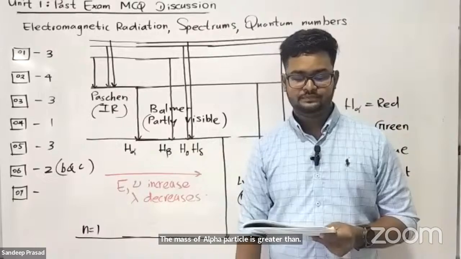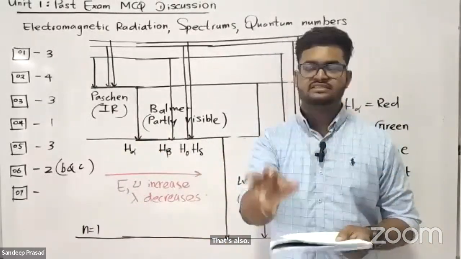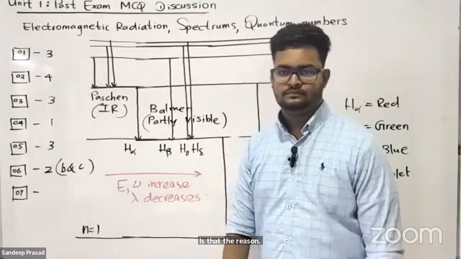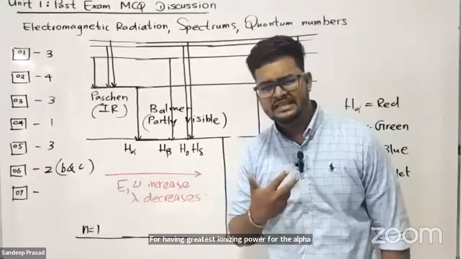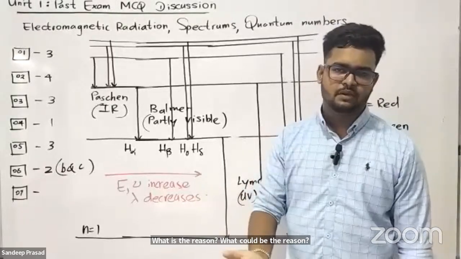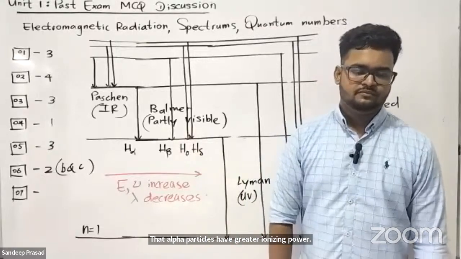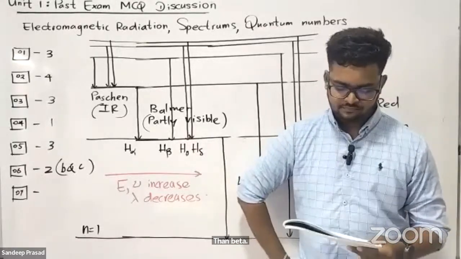That's also correct. Is that the reason for the greatest ionizing power for the alpha? What could be the reason that alpha particles have greater ionizing power than beta, than gamma? Because of what? What do you think?